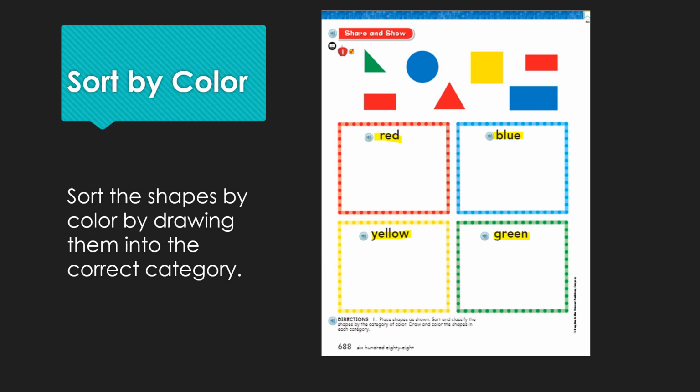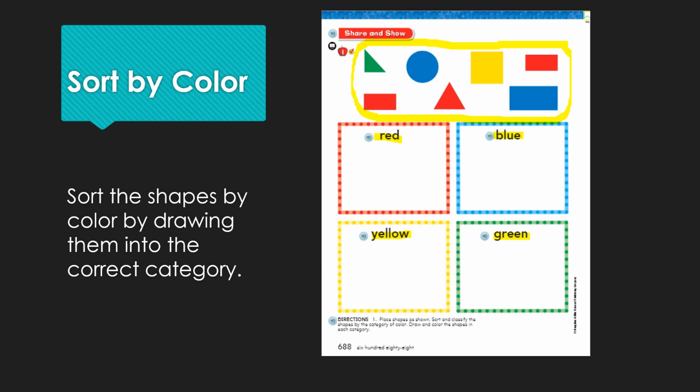And on the top, above our boxes, we have a group of shapes that are in all different colors. We are going to sort those shapes according to color. So if you can find those shapes in the bag that you have, go ahead and do that.